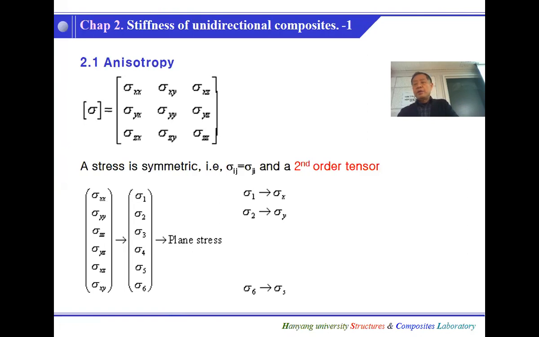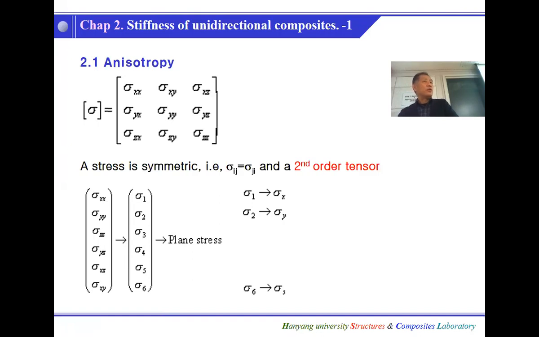So we need to fully understand the definition of stress and strain, and most importantly, the relations between stress and strain, which is the compliance and stiffness matrix, which will describe the material property, especially anisotropic material property.